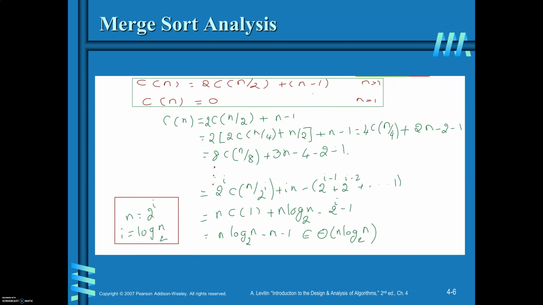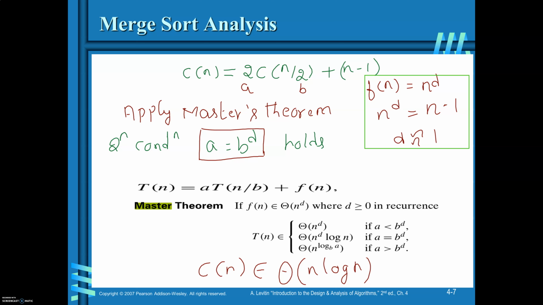So it's left to you how you are solving, either by backward substitution or by applying master theorem. In case you apply master theorem, you need to write the master theorem first and then find out what the A, B and D values are correctly and which condition of the master theorem holds.